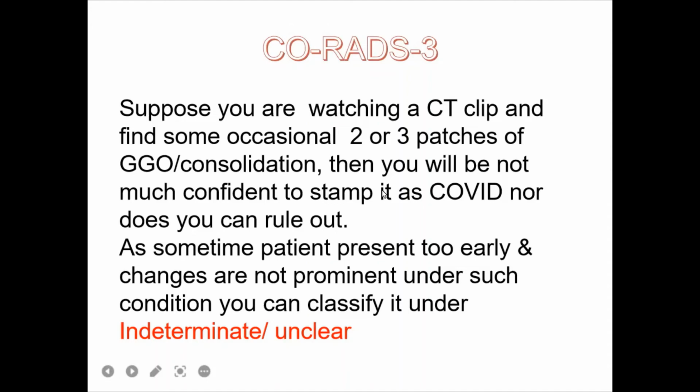So instead of calling it non-COVID, you will keep it under CO-RADS 3, indeterminate or unclear, because within a few days the pneumonia can progress. So let me demonstrate with a CT clip.